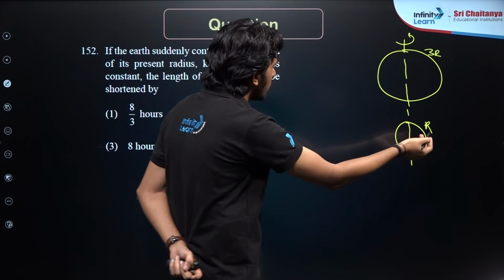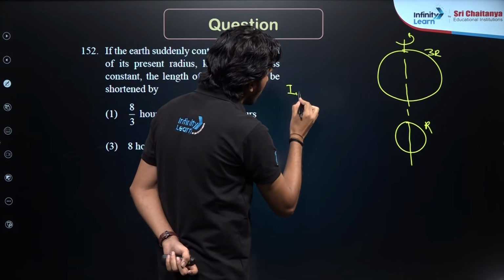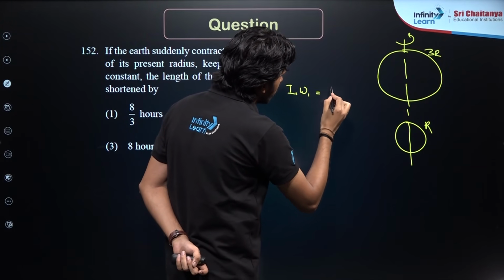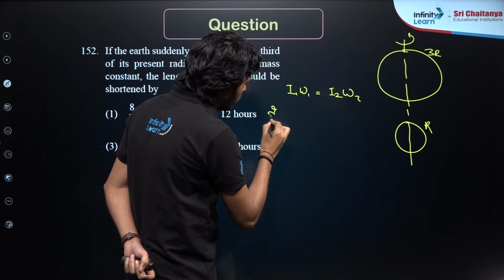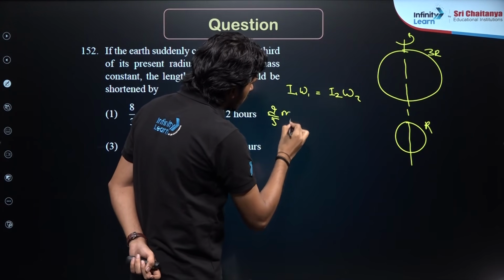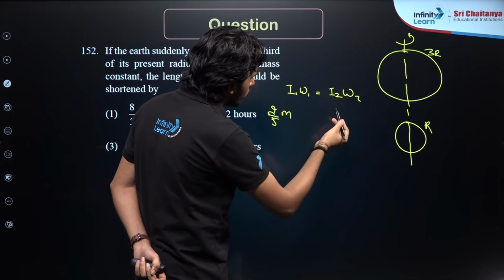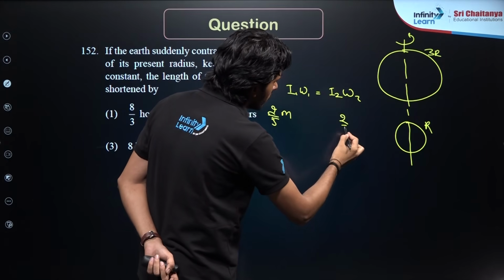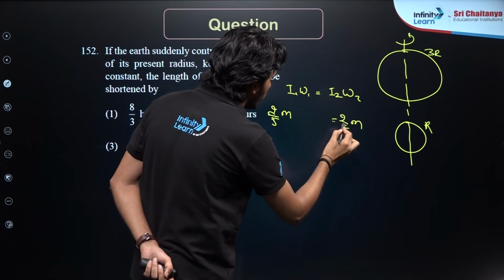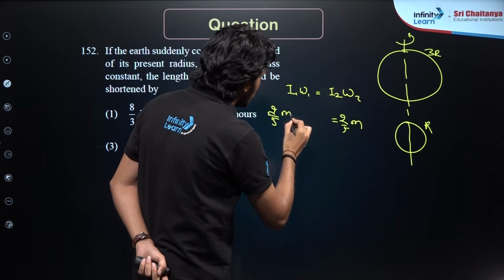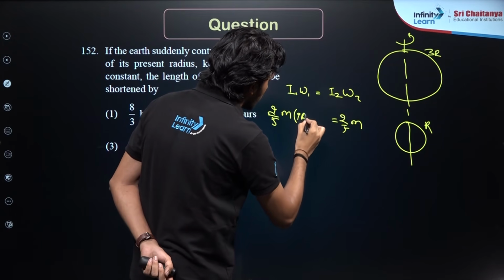So I1 omega 1 equals I2 omega 2. 2 by 5 m, and in this direction also we will have 2 by 5 m. So okay, let's write that also, 2 by 5 m r square. So initially 3 3s are 9 r square.